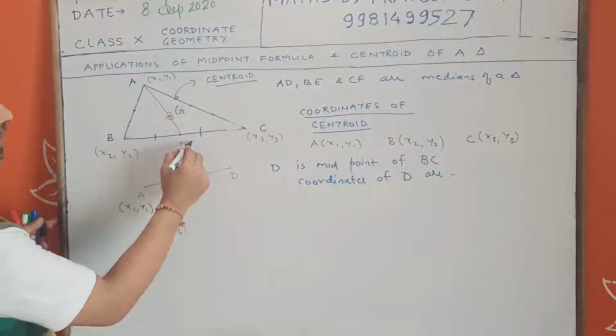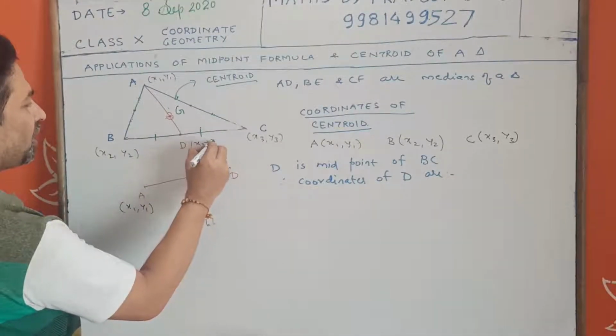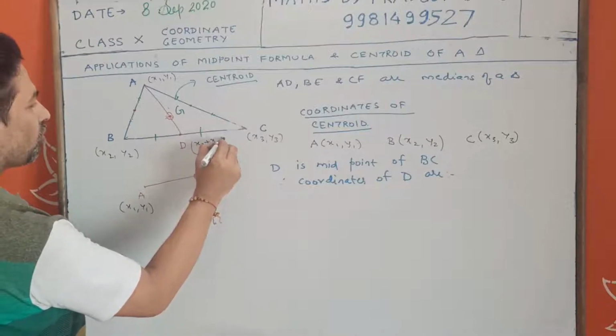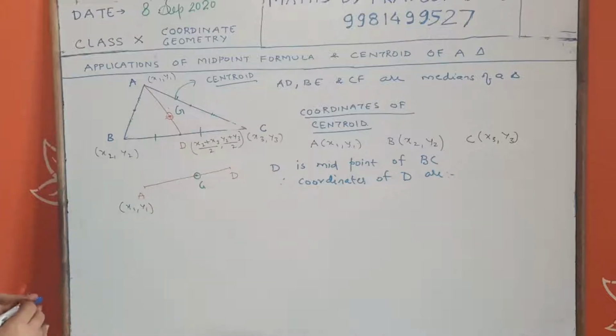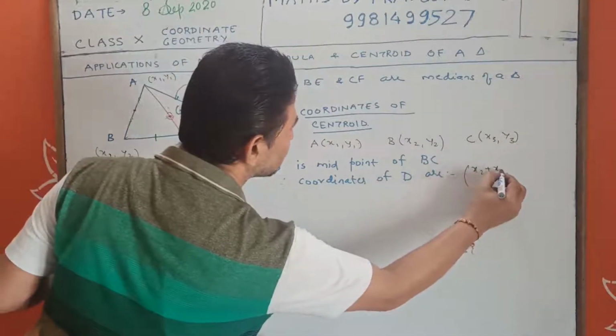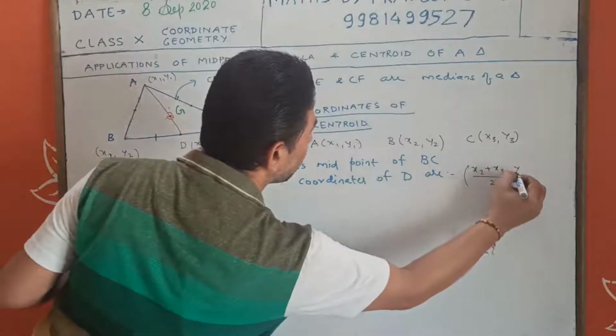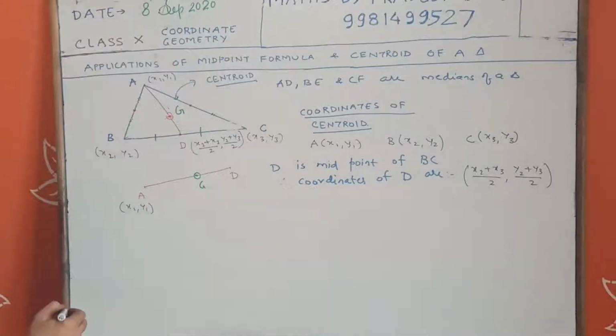Coordinates of D will be x2 plus x3 upon 2, we will apply the midpoint formula students, y2 plus y3 upon 2.